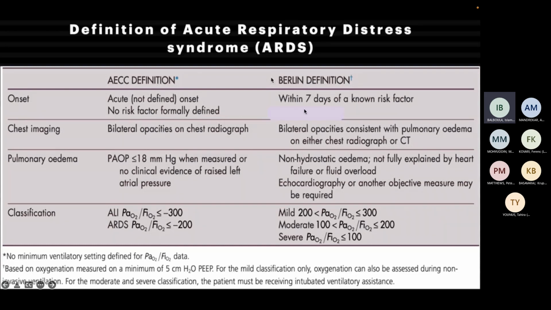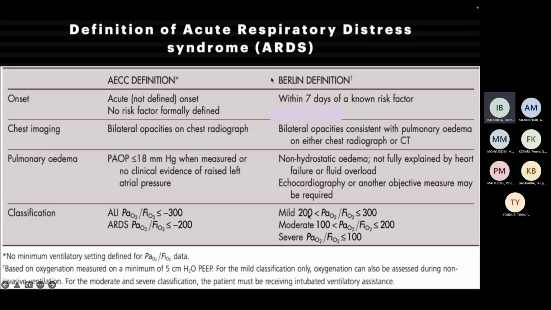In the Berlin definition, it speaks about a clear onset, within 7 days of a known risk factor. It wasn't defined in the previous definition. And we can exclude the cardiac cause of the problem, but it's not necessary to measure the pulmonary artery wedge pressure as before. And also the classification.